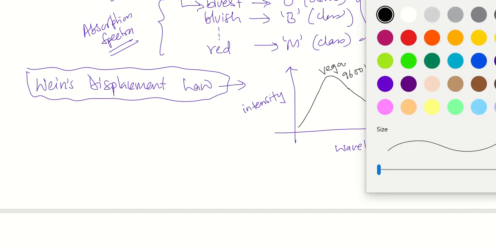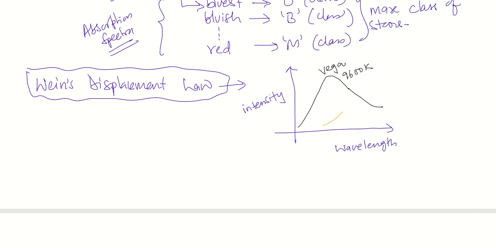Then we also have our Sun, which is at 5800 Kelvin. If you look at both of these, you can see lambda of Vega and lambda of the Sun. So the wavelength of the Sun is greater than the wavelength of Vega.